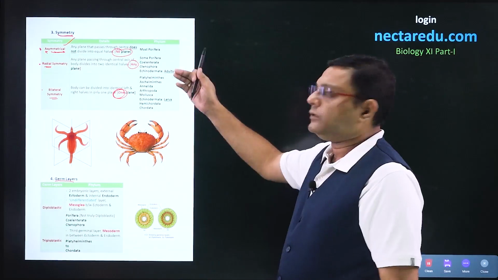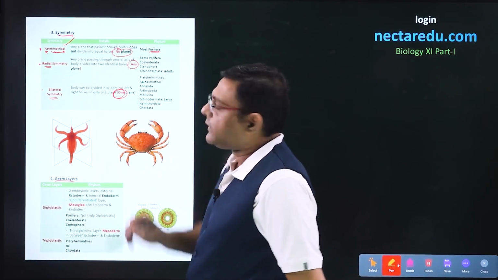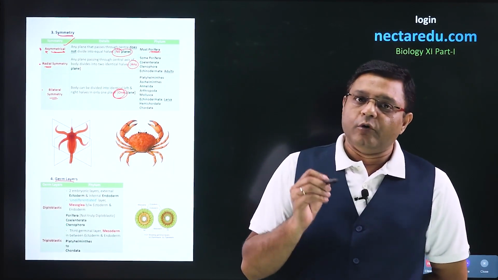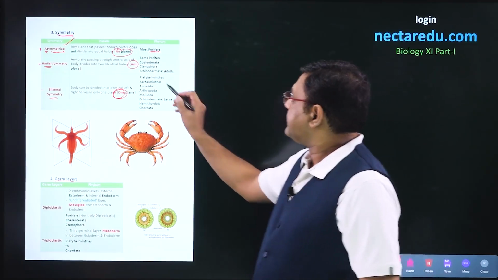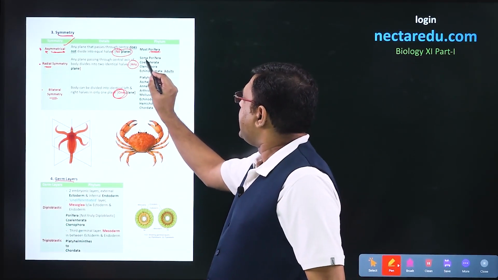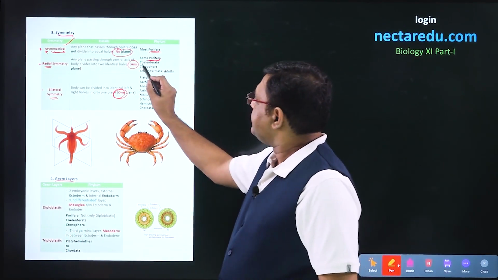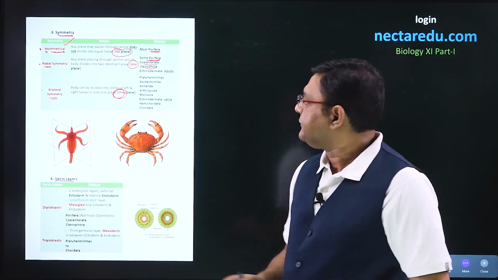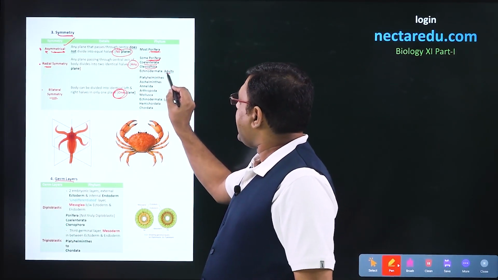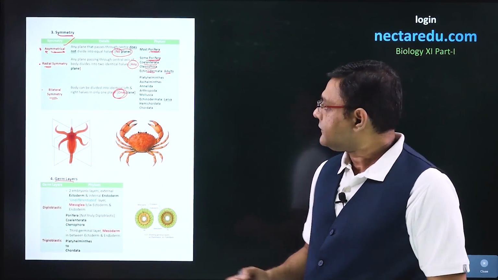Now, coming to the phyla, the first phylum that we talked about is Porifera. Most Porifera are asymmetrical, but some Poriferans have radial symmetry. After this, Coelenterata has radial symmetry, Ctenophora has radial symmetry, and even the adults of echinoderms have radial symmetry.